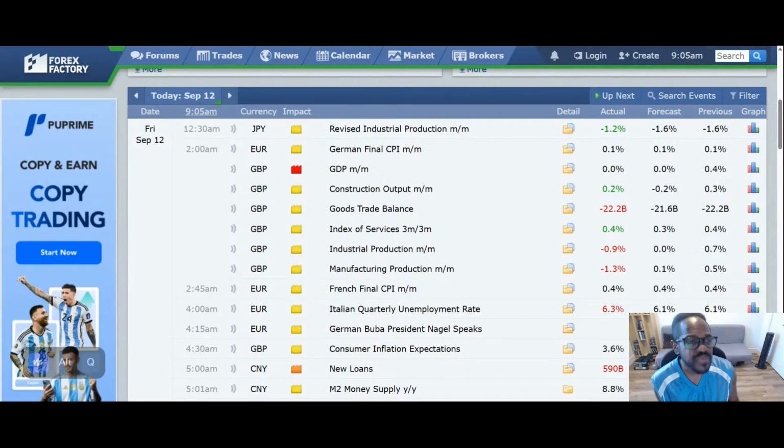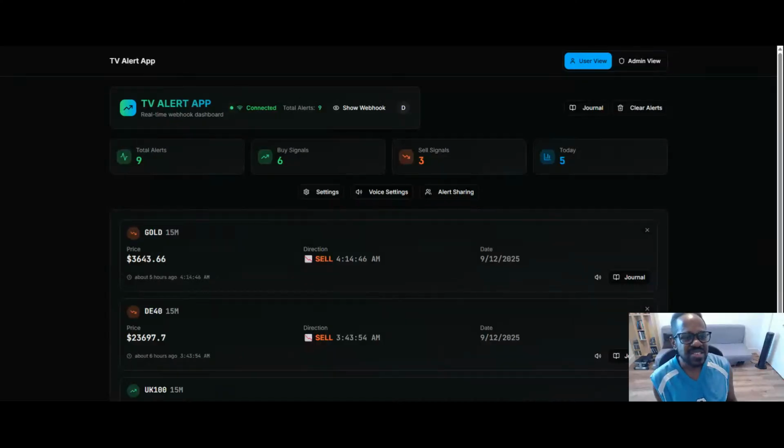Let's continue here. So now we're going to look at the alert app. I did some changes. The TV alert app is an application that I created in regards to alerts, and show you exactly any setups here for buys and sells using my institutional indicator that I created.